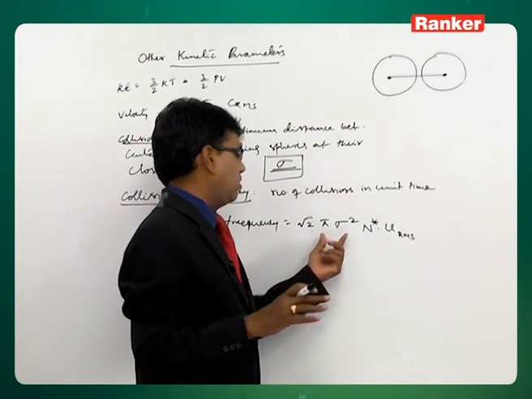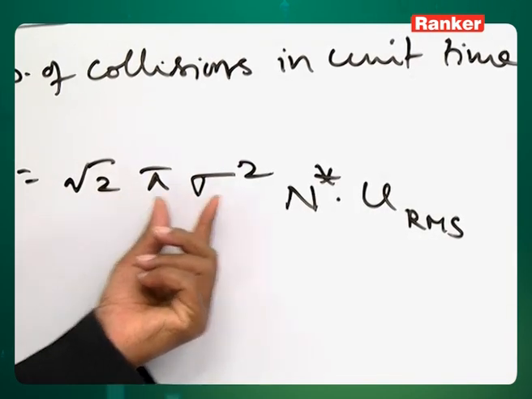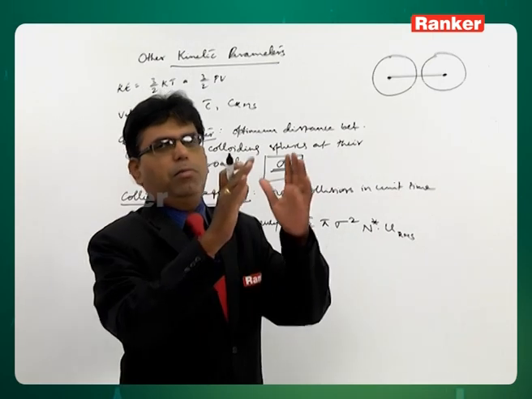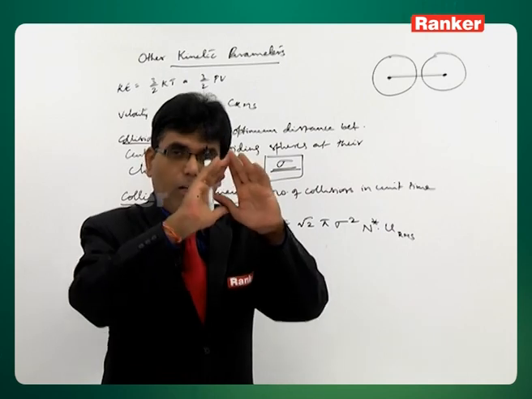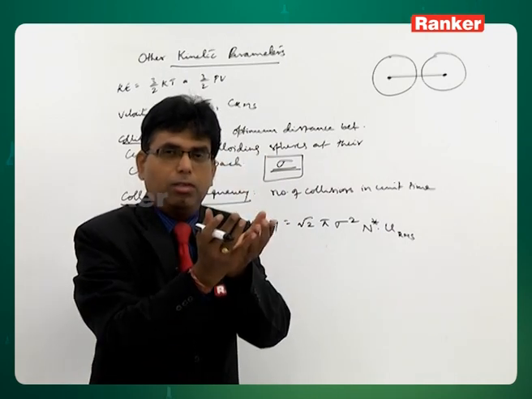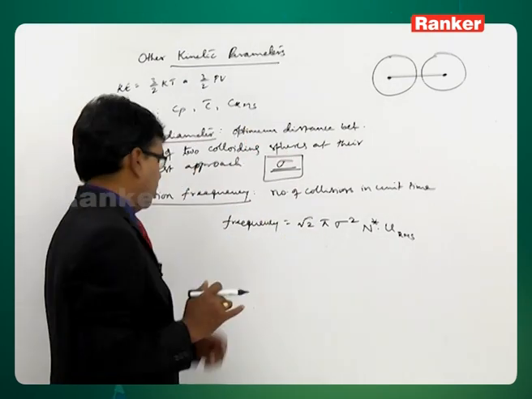But of course, root 2 pi sigma square n star u RMS is the collision frequency: the number of collisions taking place in unit time per unit volume, for all the molecules n star having the particular velocity u RMS. This is the collision frequency.